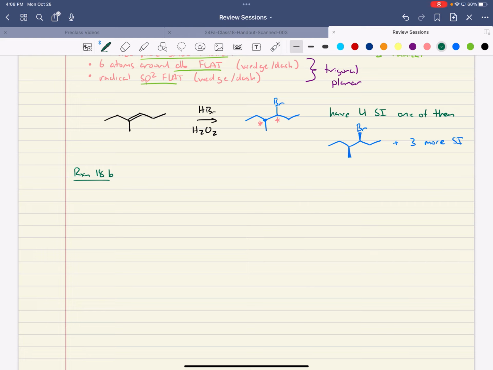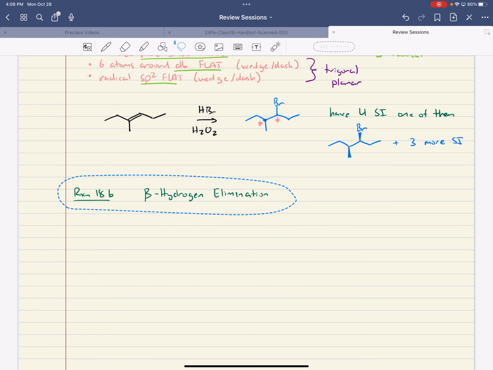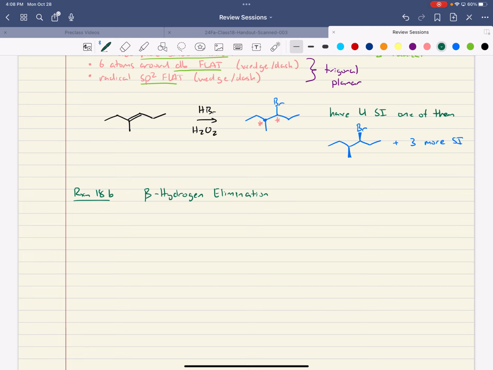Reaction 18B is called beta hydrogen elimination. I understand that it's in the module on radicals, but it's not a radical mechanism. Did people realize that? This is not radical.